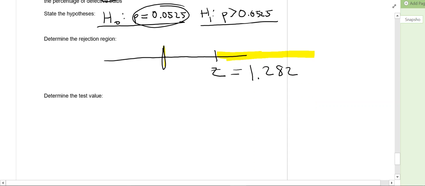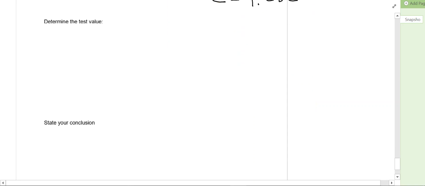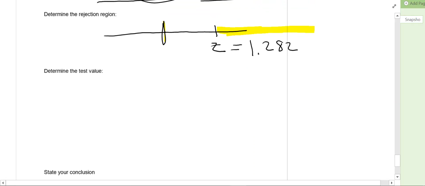My test value, again, is how do I get to the table? Well, once again, I am working with a proportion. I do know what the sample proportion standard deviation is because, again, I have a formula. That formula is p hat times 1 minus p hat divided by n, correct? P hat in the problem, the sample proportion, p hat, is, well, how many defects did I have?